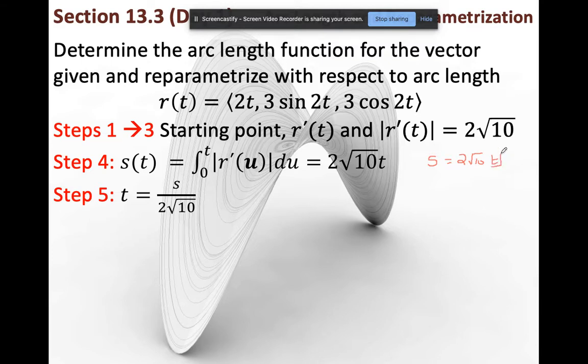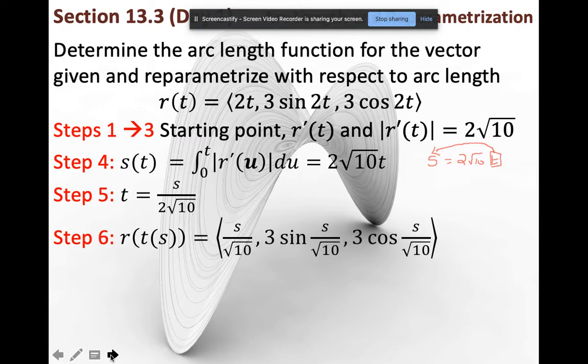I want you to get t by itself with respect to s. So all I did was divide by 2 root 10. This is the reparametrization step.